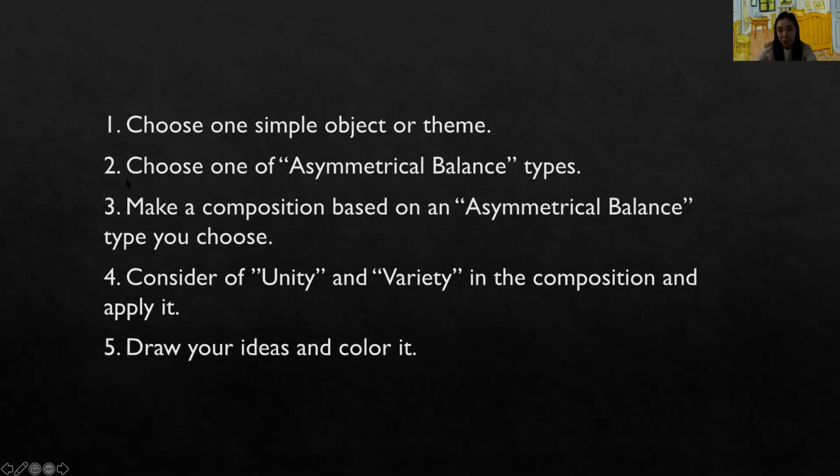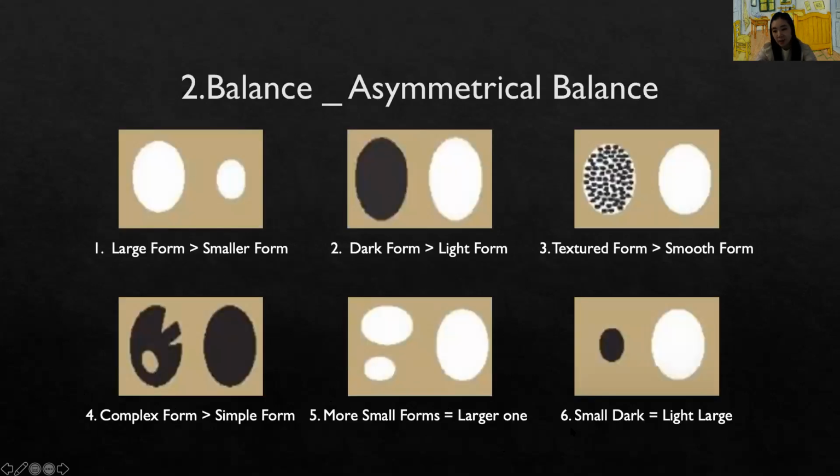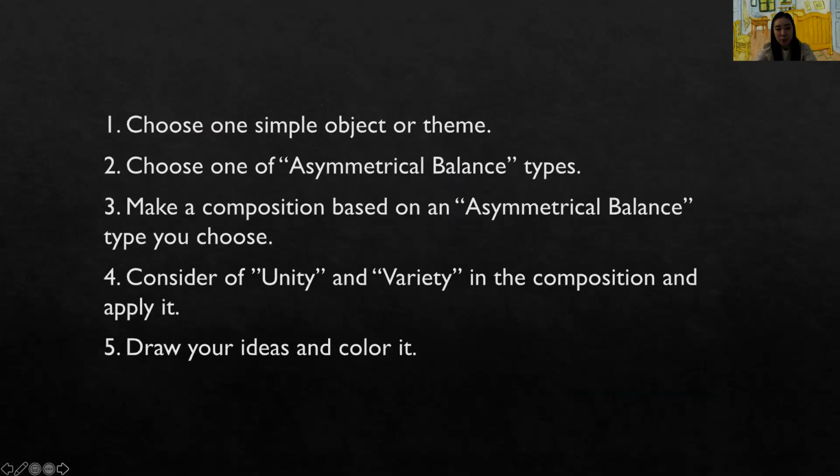Step two, choose one of the asymmetrical balance types. We just saw these six types, right? Choose one of them and apply it in your drawing with the objects you chose. Step three, make a composition based on the asymmetrical balance type you chose. And number four, consider unity and variety in the composition and apply them.